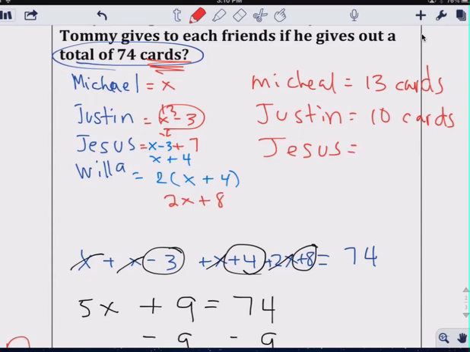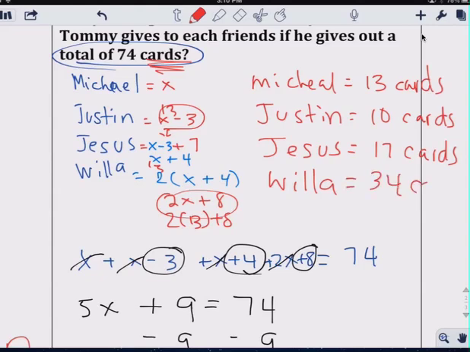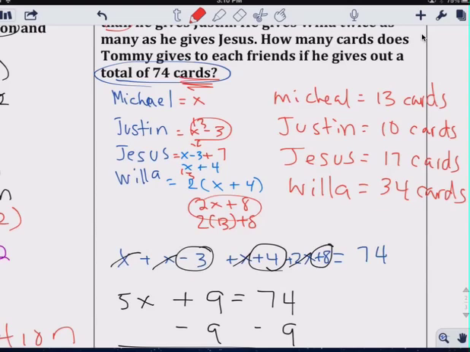Jesus is X plus 4, so it's 13 plus 4, which is 17 cards. And then Willa is 2X plus 8, so that means it's 2 times 13 plus 8. That's 26 plus 8, which makes it 34 cards. You add up all the cards and make sure it equals 74, and that should be correct.